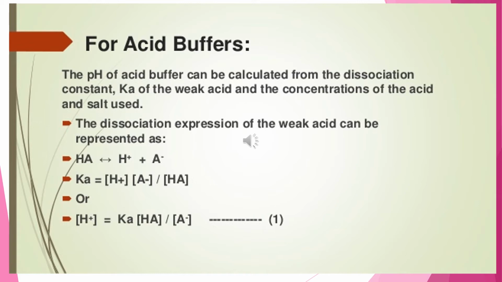So the dissociation constant of the acid, Ka, is equal to the concentration of H plus times the concentration of A negative, divided by the concentration of HA. Or, the concentration of H plus is equal to Ka times [HA] divided by [A negative]. Equation number 1.